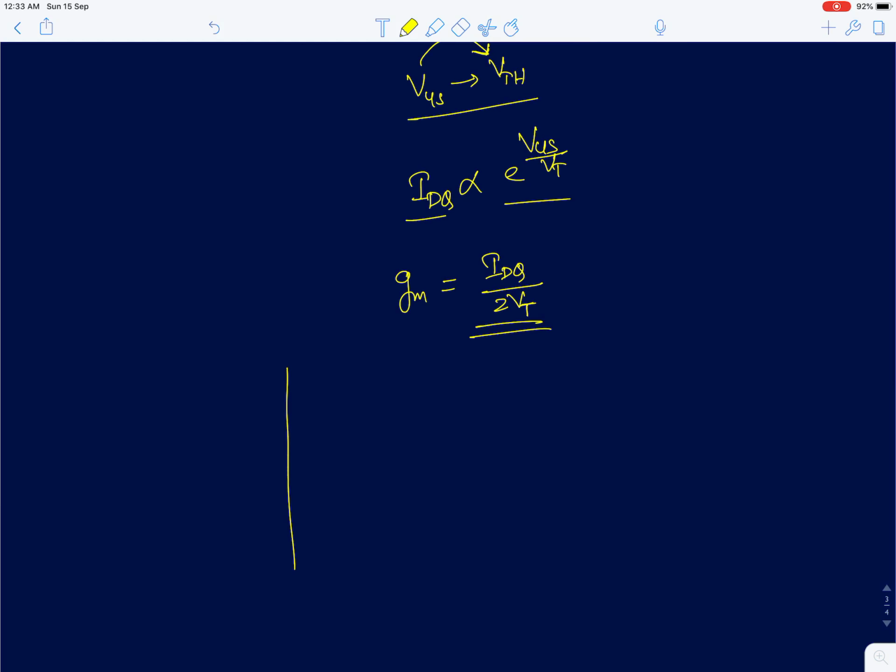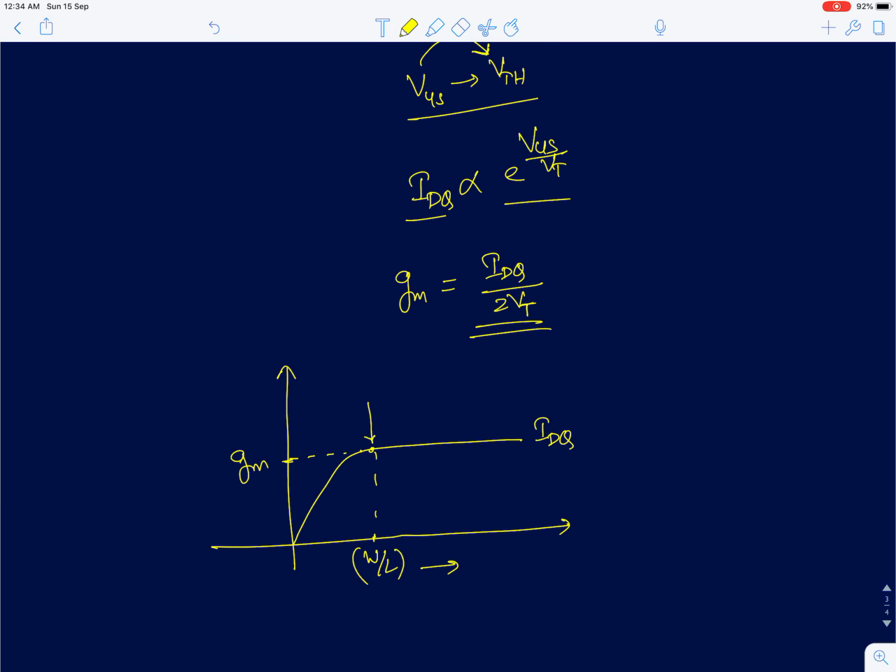We fix the drain current and keep increasing the width. As we keep increasing the W by L ratio, the transconductance saturates and doesn't change much after a point. That value is the fundamental limit for a given drain current.